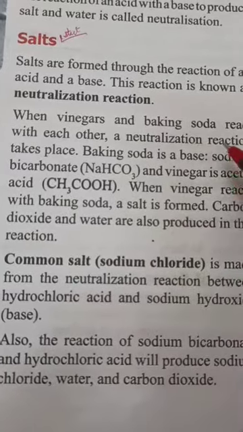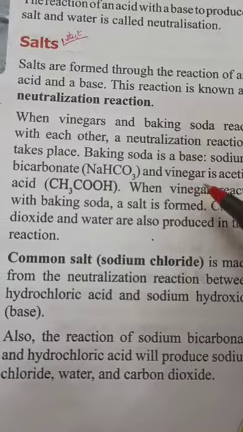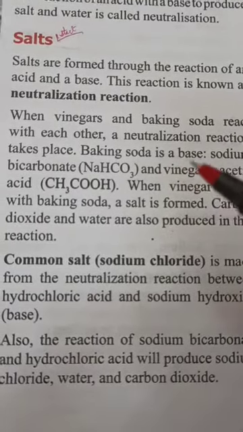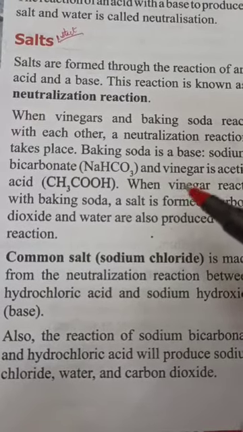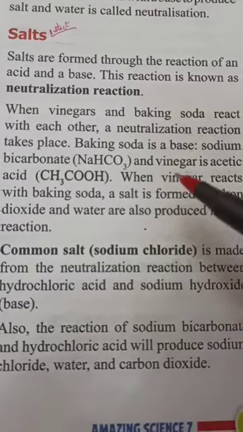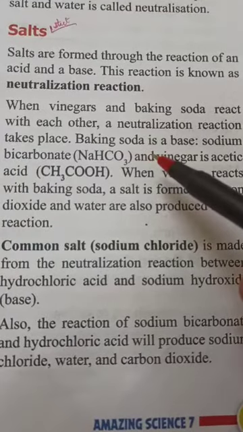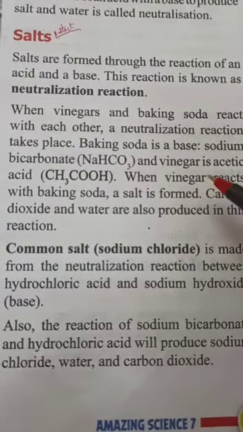So children, this reaction I'll show you through the activity, how this happens. Here we take one base and one acid. This is an example of neutralization reaction. Here we take sodium bicarbonate, or we can say baking soda, as a base and vinegar as an acid.